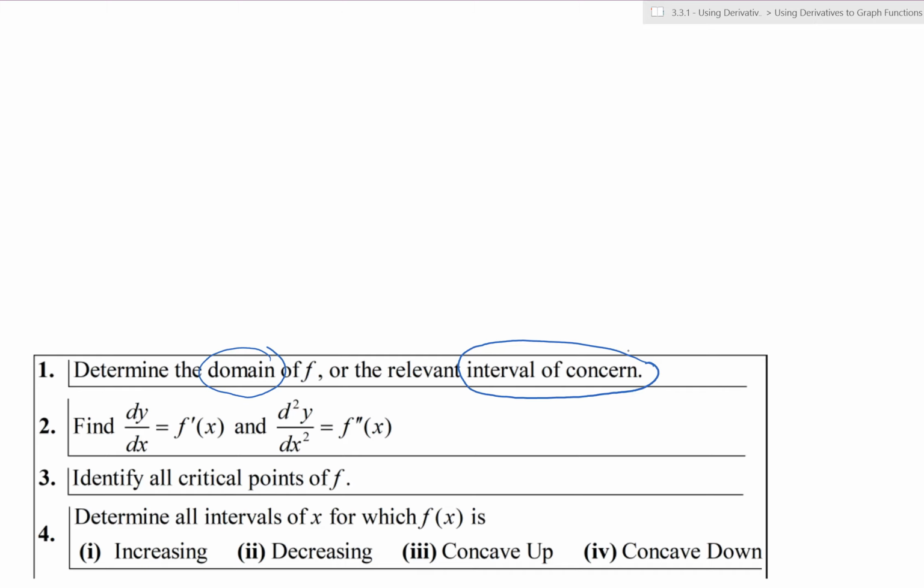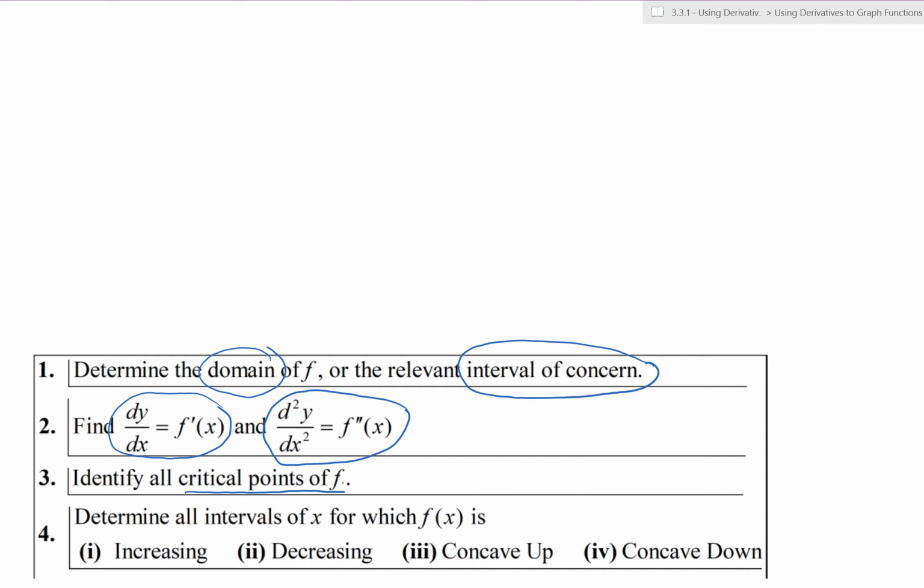Also, we're going to use derivatives to find some behaviors of the function, so might as well go ahead and find the first derivative and the second derivative, assuming, of course, they exist. From there, we can identify all critical points of the function. Perhaps these are some locations of local extrema.